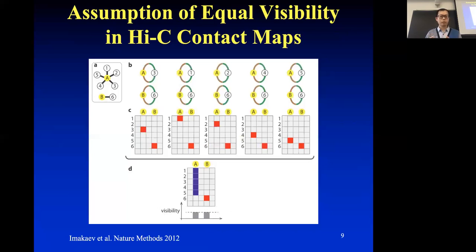The data we want to get from this kind of experiment is that each location has equal visibility, meaning that if we sum up the interactions starting from each location, they should be a constant number. They should be the same number. In this case, if we sum up all the interactions starting from A, it's 5. If we sum up all the interactions starting from B, it's also 5. So this is somehow the data we want to see. But in reality, it will never be the case.